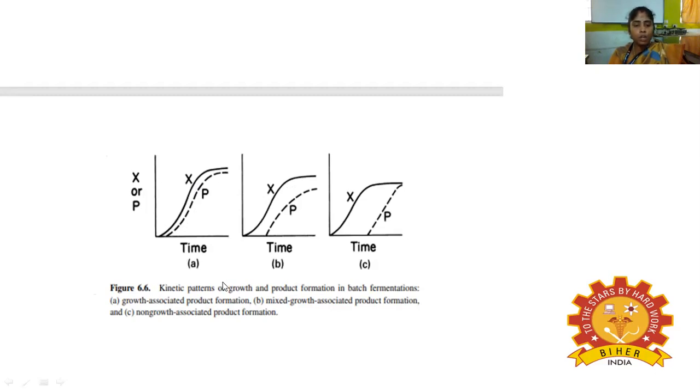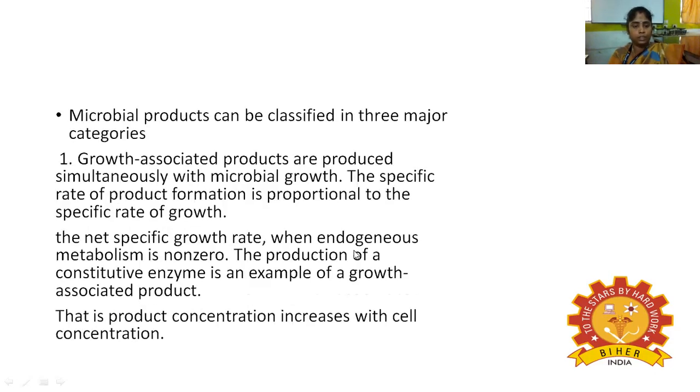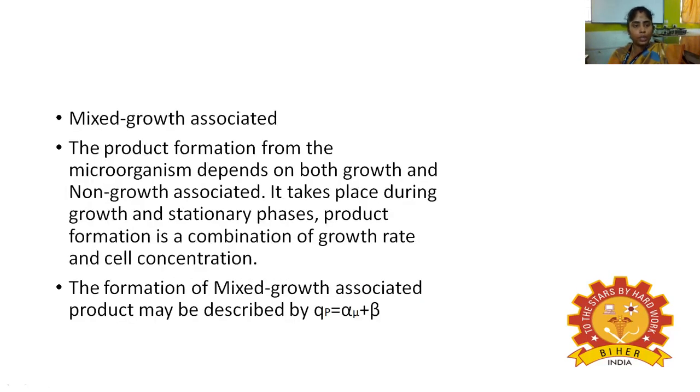When we talk about a non-growth associated product, the product will be formed without involving the biomass concentration, which means that it is not directly related. So that is said to be the non-growth associated product. This means the specific rate of product formation is not directly proportional to the specific growth rate of a microorganism.